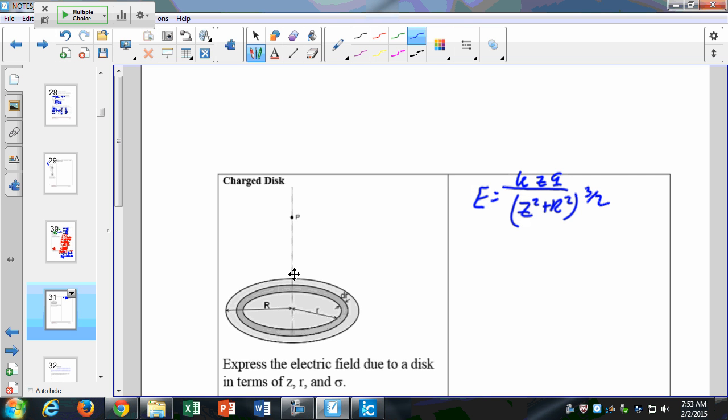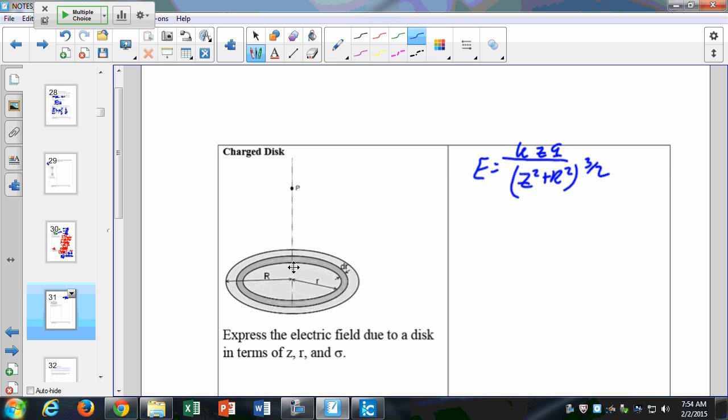And then you can express the electric field in those terms. Yeah, this should say big R right here, I'm sorry.